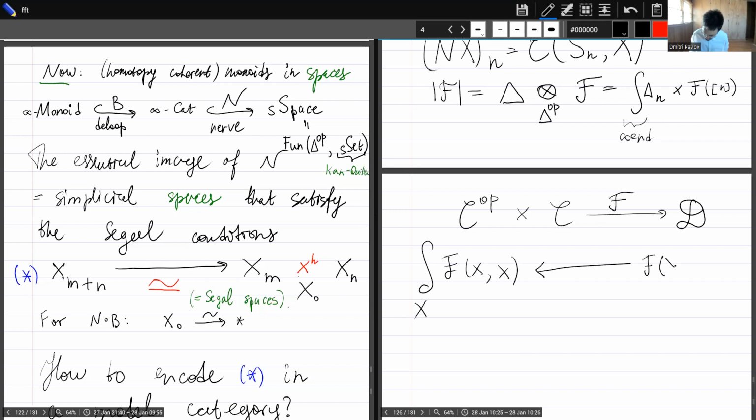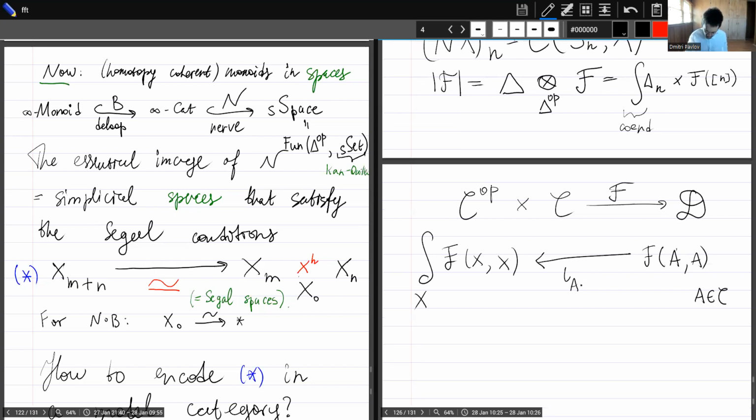So for any object A in C you have such a map, and these maps, let me call them iota_A, must satisfy the following condition.